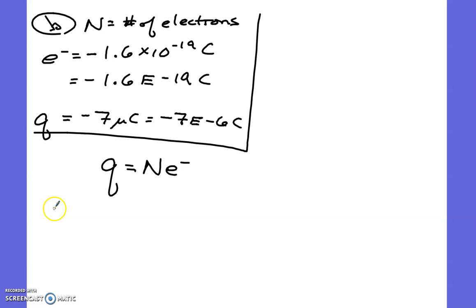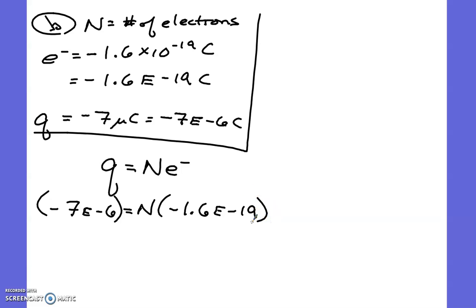So we now do our substitutions. We have negative 7 times 10 to the negative 6 is equal to the number of electrons times the charge of a single electron, which is negative 1.6 times 10 to the negative 19. And now divide each side by negative 1.6 times 10 to the negative 19.